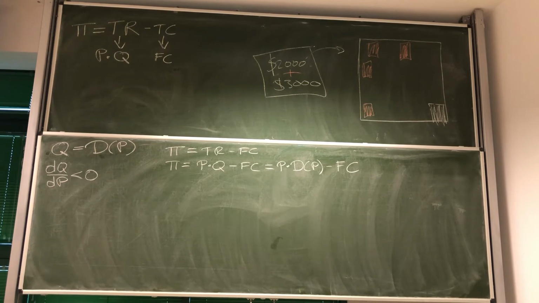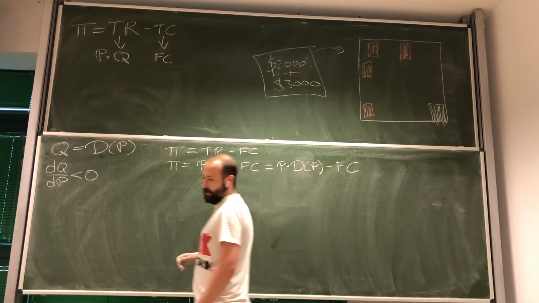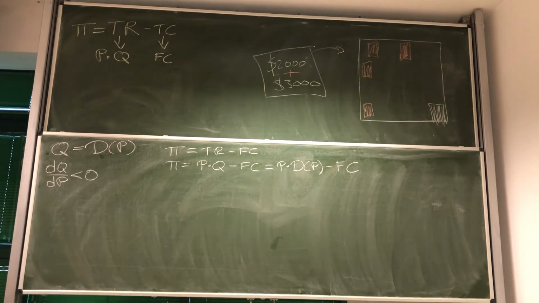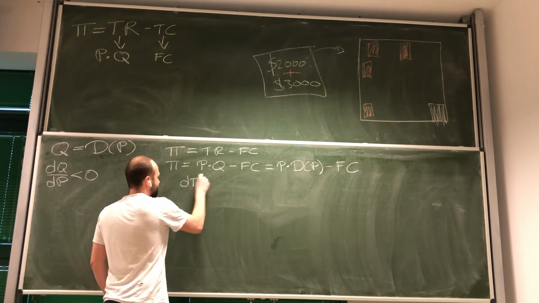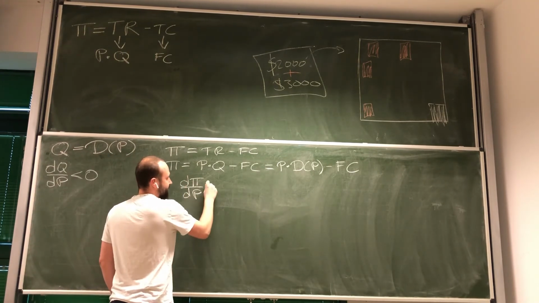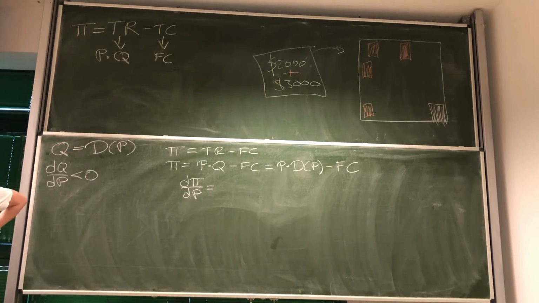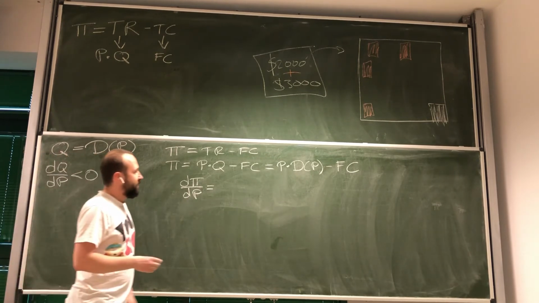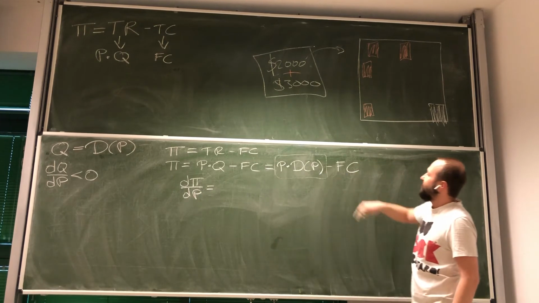Okay, now what I'm going to do is maximize this profit, right? So what should I do? I should differentiate profit with respect to price, and see for which price the profit is the highest, right? Okay, and look, I'm differentiating. Here I have two expressions.